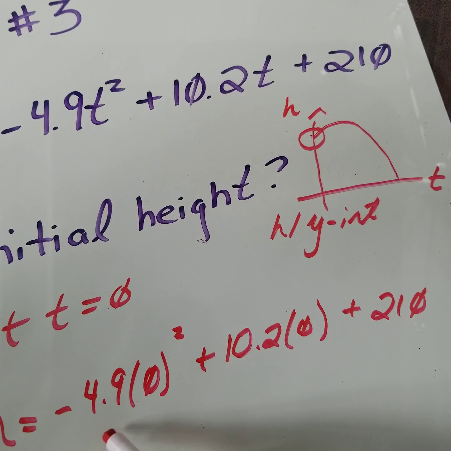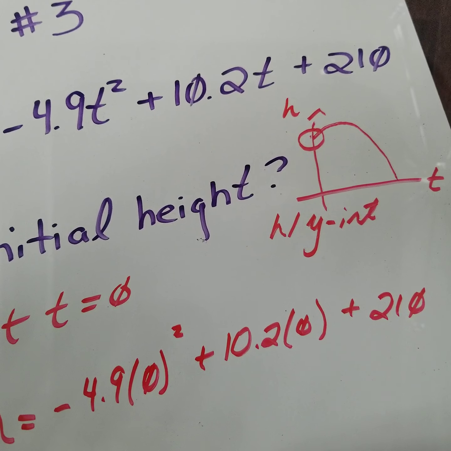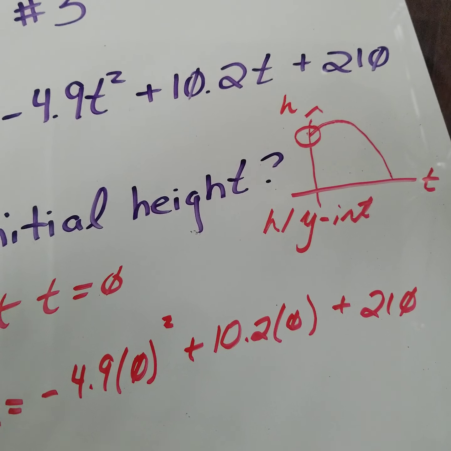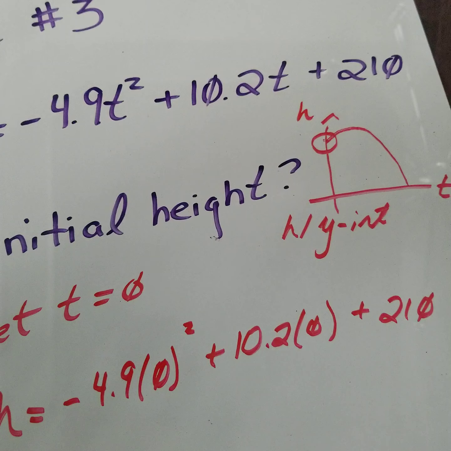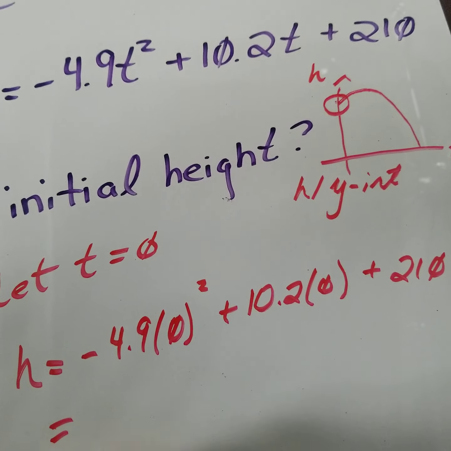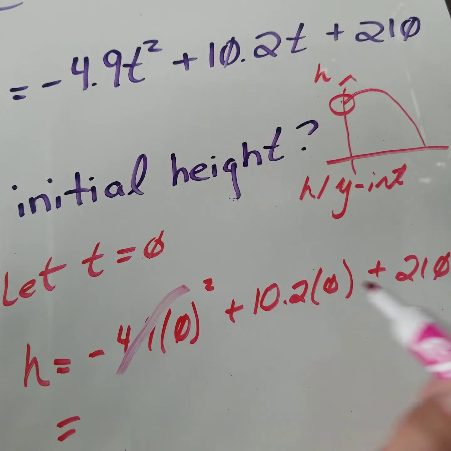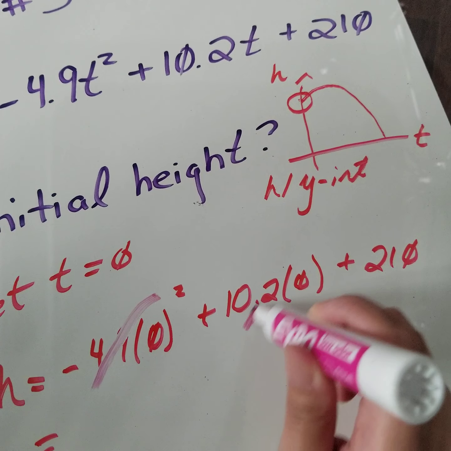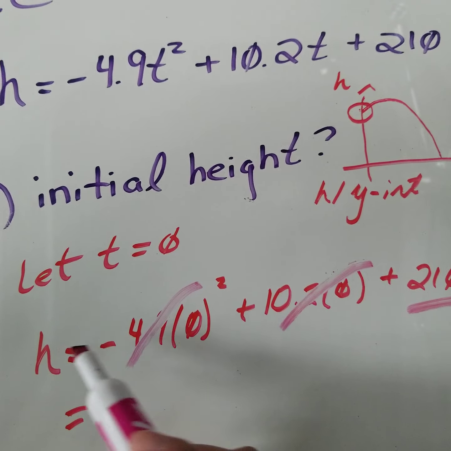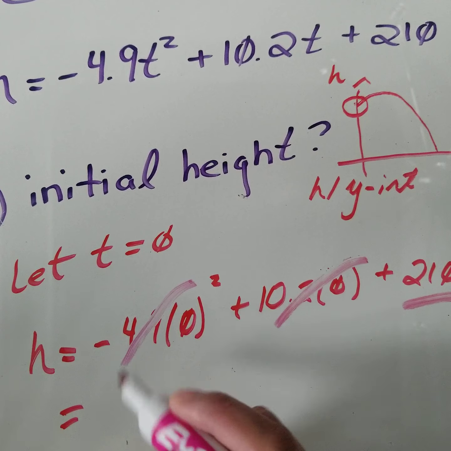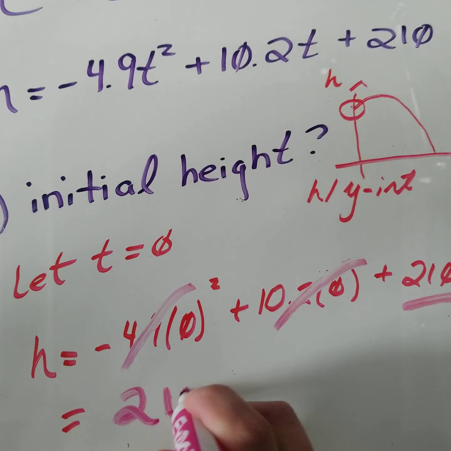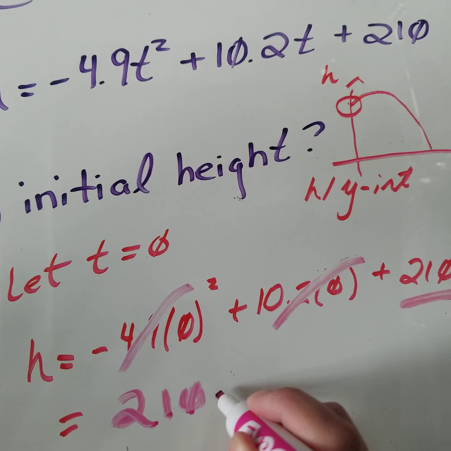So again, this becomes 0, so we can cross this out. Maybe I'll do it in a different color. So this term goes to 0. This term will also go to 0, and then we're left with this. So the height, when time is equal to 0, is going to be equal to 210 meters.